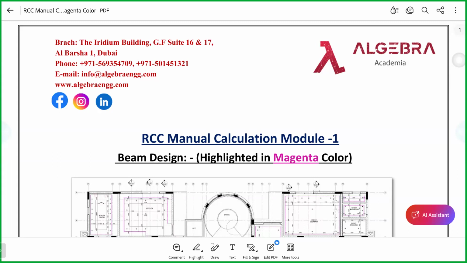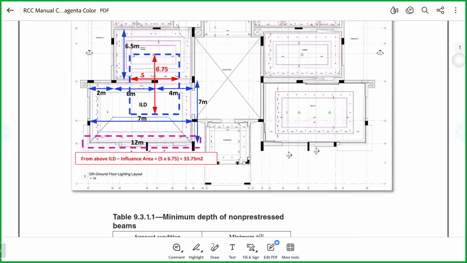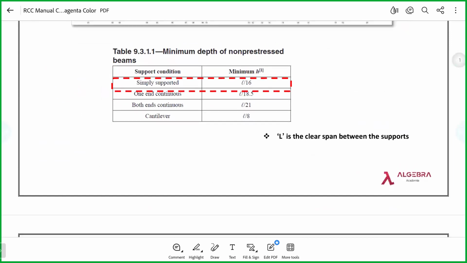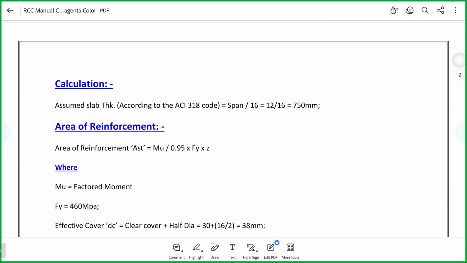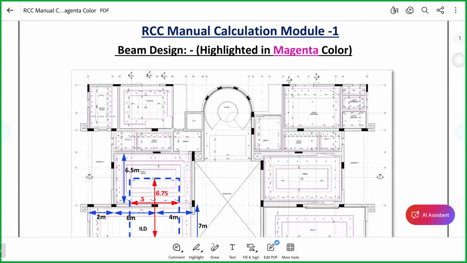Though it has been written as module 1, because we saw a couple of basic things in module 1 in the last class, this is in continuation to module 1, where we will go with the beam design.